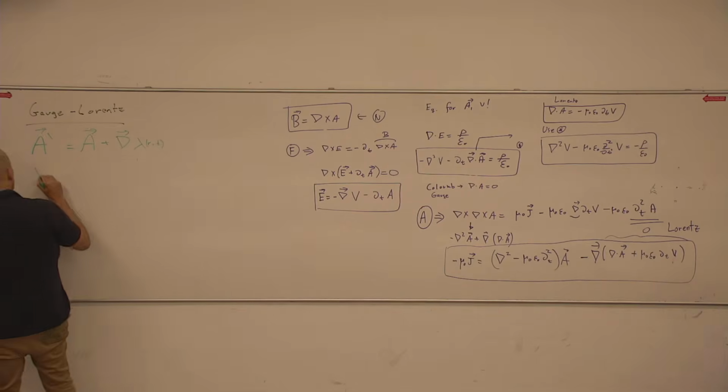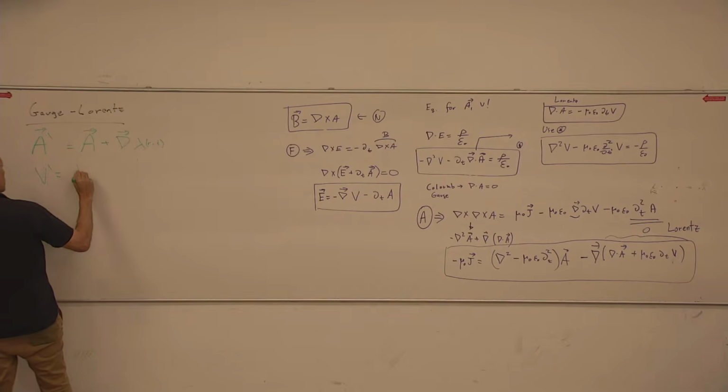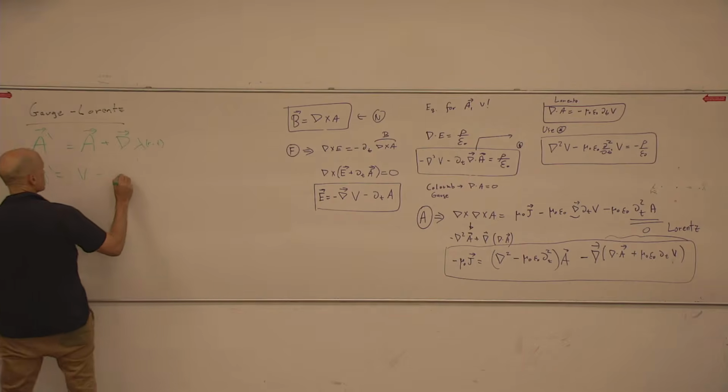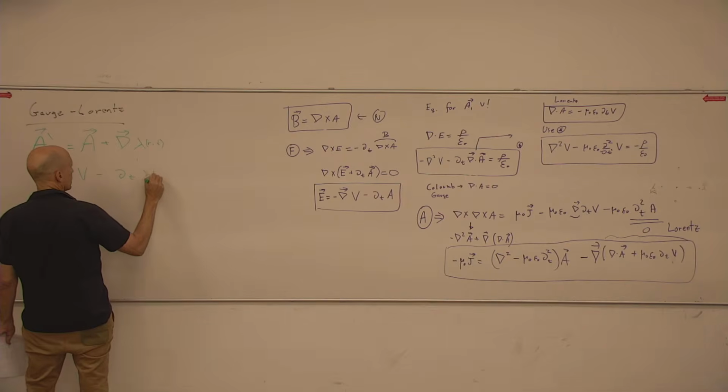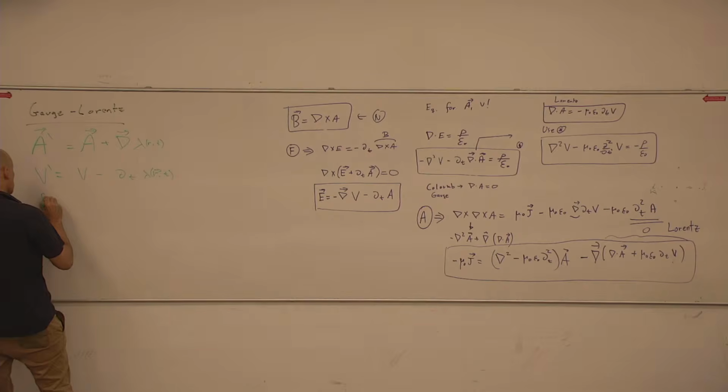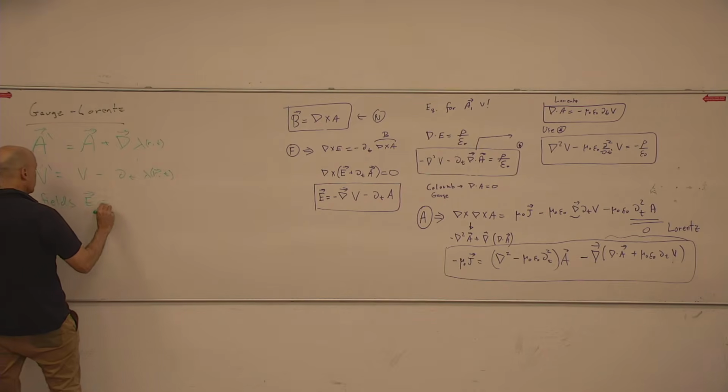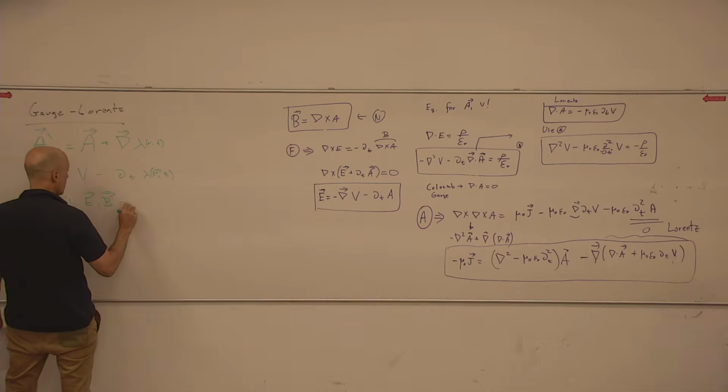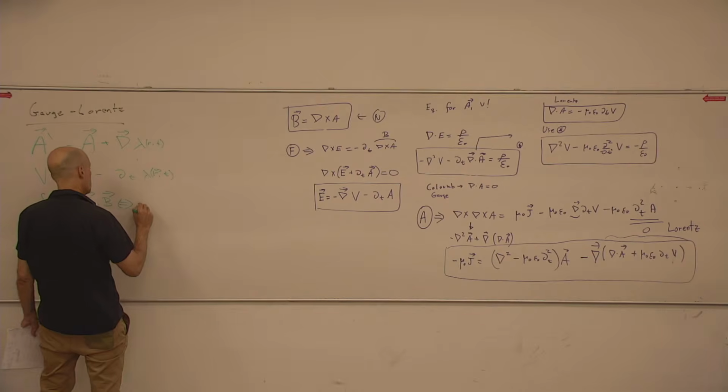And then I have a potential V prime equal V minus d dt lambda of r and t. The claim is that the fields E and B are equal to E prime and B prime.